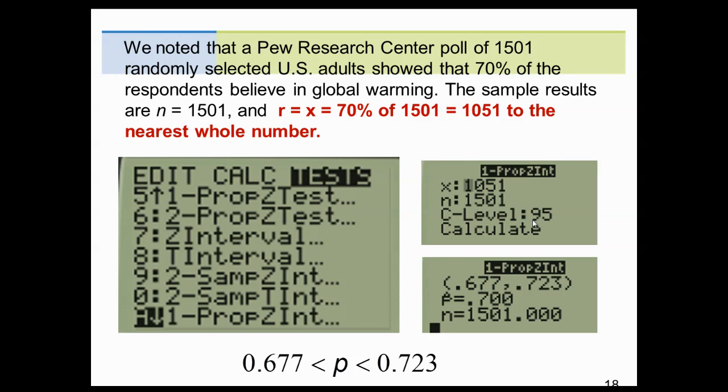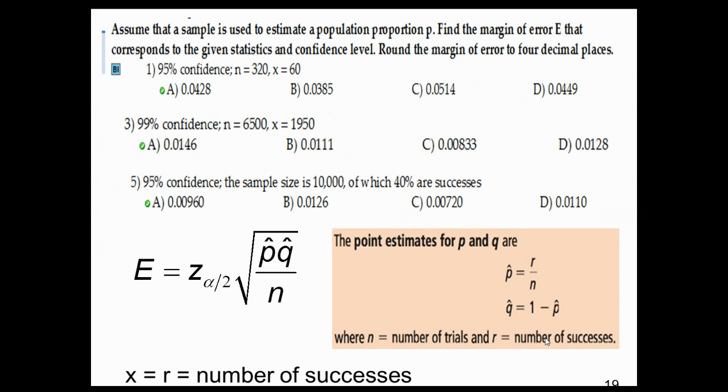You could have put in 0.95; the calculator doesn't mind, either one is fine. Hit calculate, and there's what my calculator is giving me. Exactly the same thing we did pencil and paper, finding the error and subtracting and adding to p hat. Spot on, 0.677, 0.723. Pretty nice.